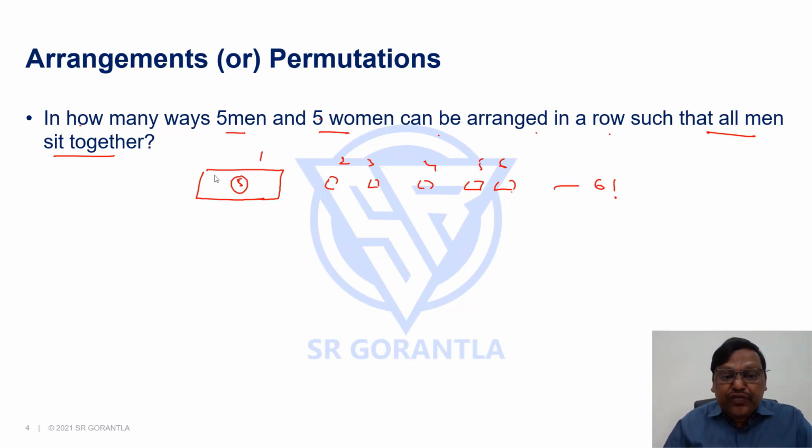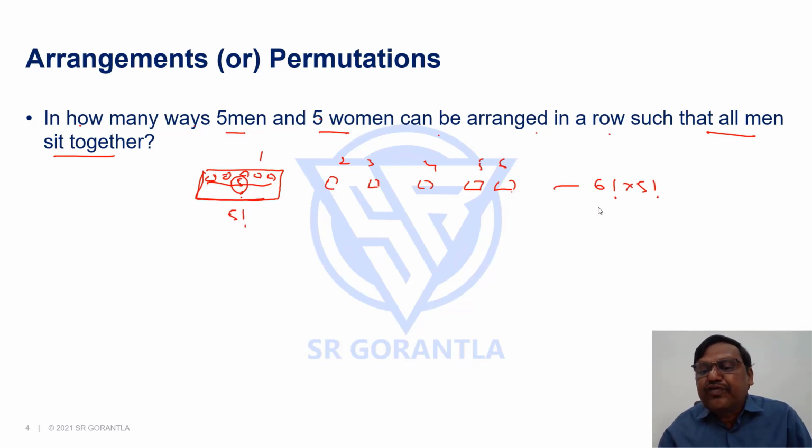However, within this group of 5 men who are sitting together, how many ways can they be arranged? They can be arranged in 5 factorial ways. Hence my answer is 6 factorial into 5 factorial.